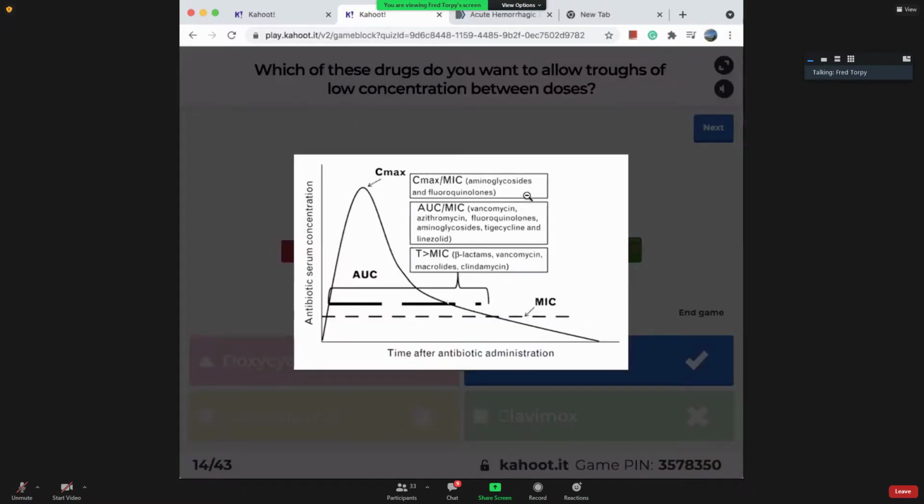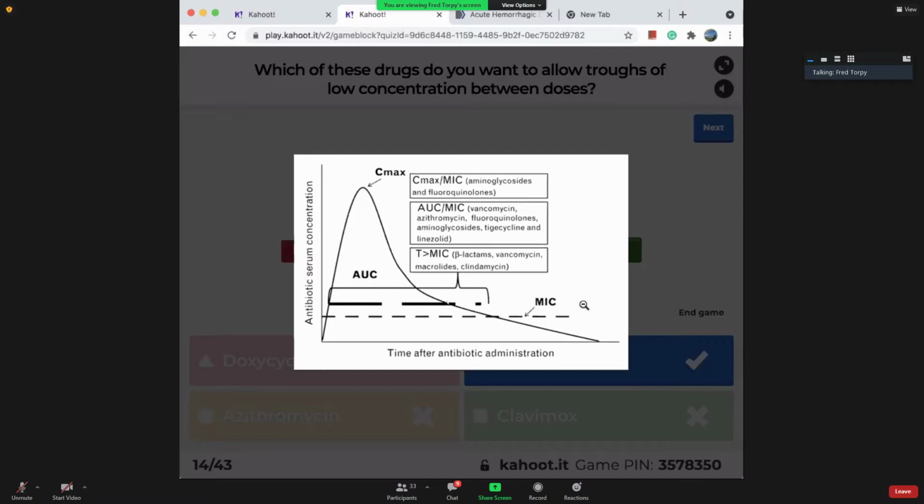So I think it's helpful to remember that pretty much aminoglycosides are just about your only one that's truly concentration dependent. Fluoroquinolones used to be thought of that way, but now they're thought about as area under the curve, a mix of time dependent and concentration dependent. And then there's only a few that are truly time dependent.